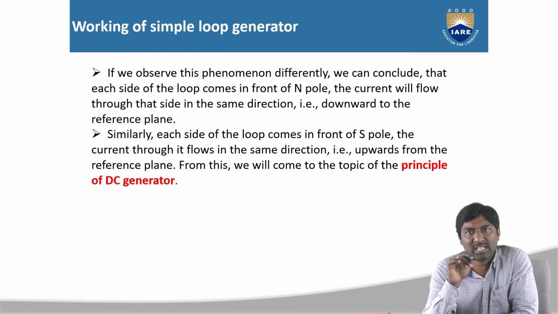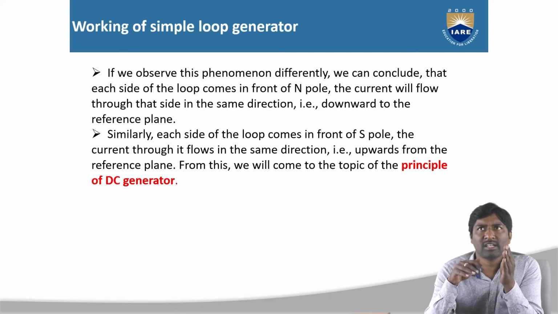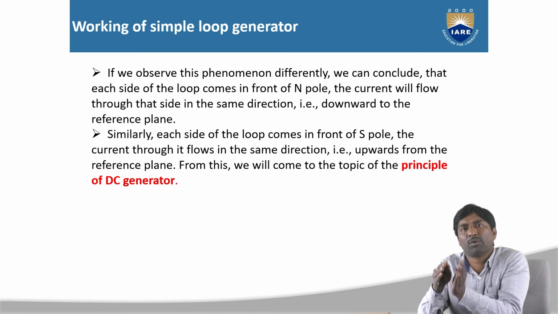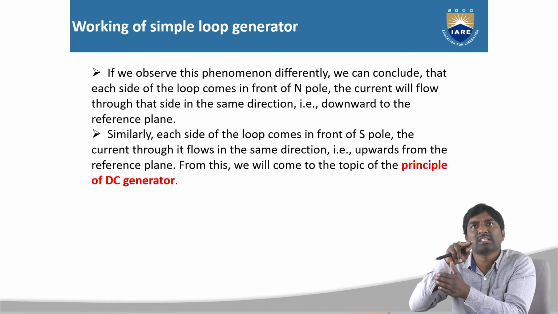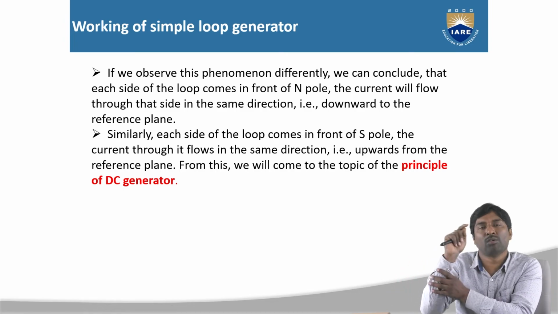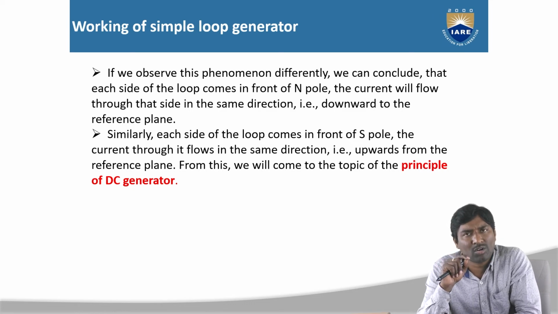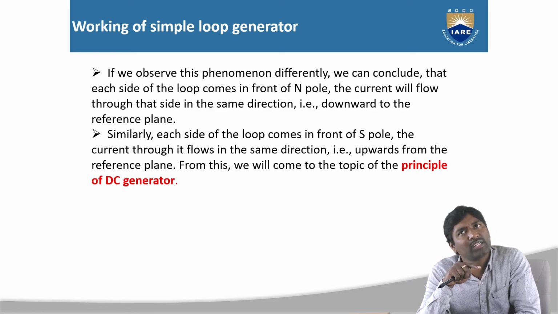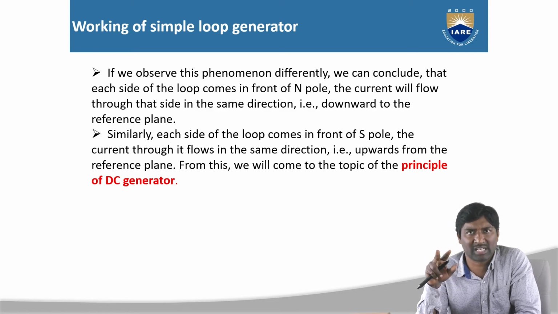And when it goes from the north pole to the south pole, the current reverses. Similarly, each side of the loop in front of the south pole has current flowing through it in the same direction.